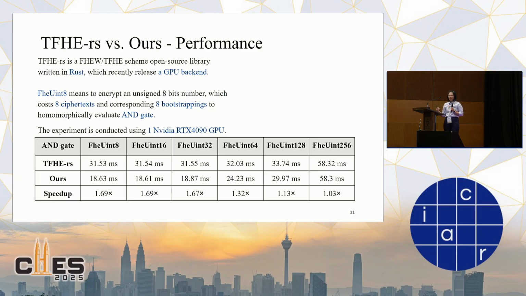Around the same time, TFHE-rs, a state-of-the-art GPU acceleration library, was updated. We compare our method with TFHE-rs. On a single GPU, our implementation is generally faster, with the best cases nearly twice as fast.